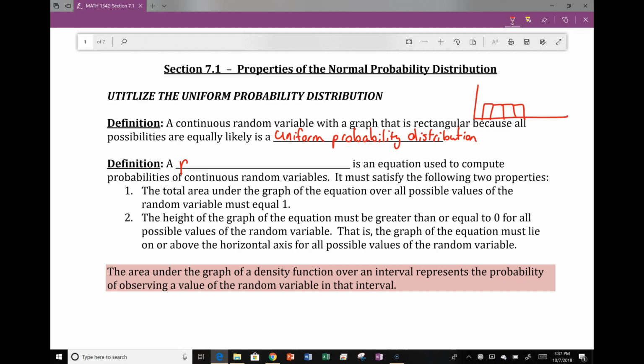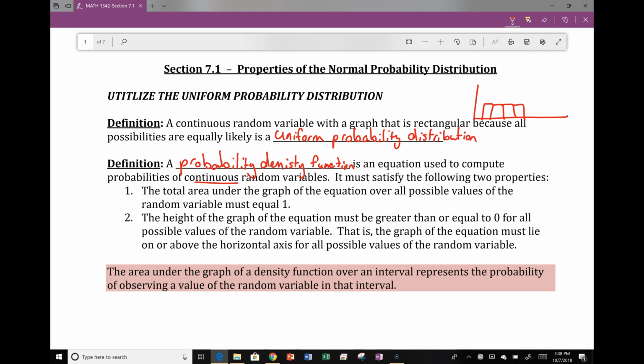So a probability density function, let me write this in, probability density function, is an equation used to compute probabilities of continuous random variables. It must satisfy a couple of things.